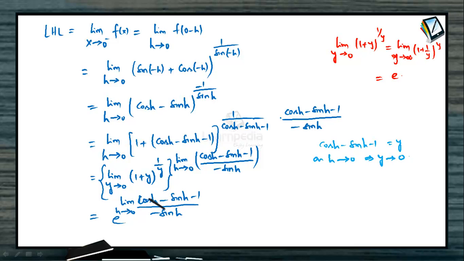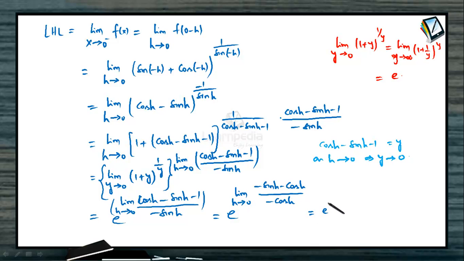As you can see, the power has a limit that is of the 0 by 0 form as h tends to 0. Then while applying L'Hospital rule, this becomes e to the power of limit h tends to 0, (derivative of cos h, that is minus sine h, minus derivative of sine h, that is plus cos h) by derivative of minus sine h, that is minus cos h. Now it is directly substitutable.